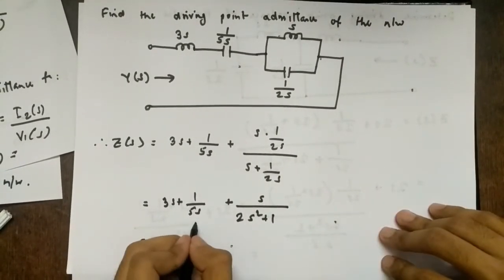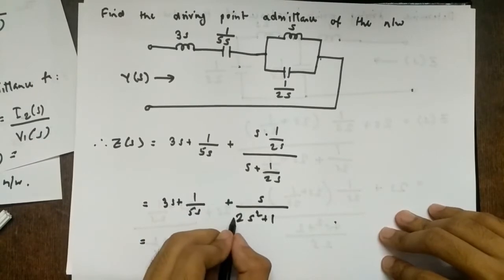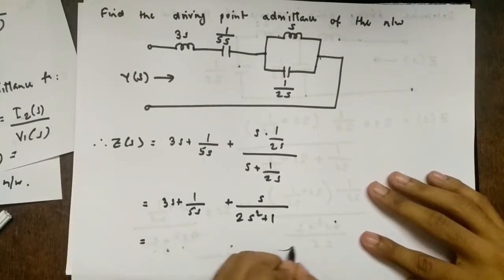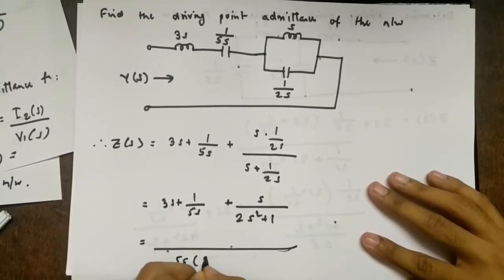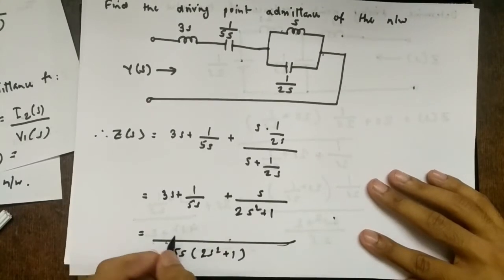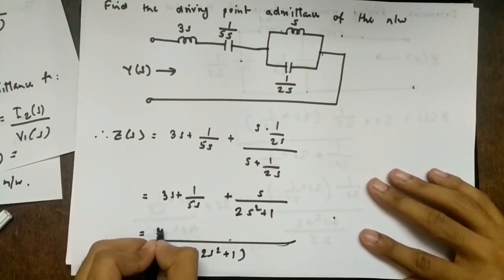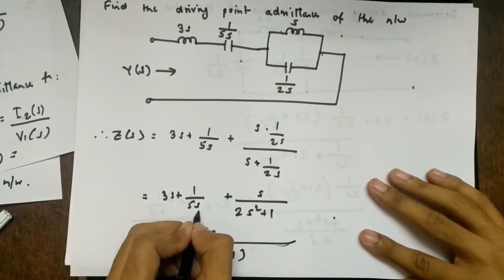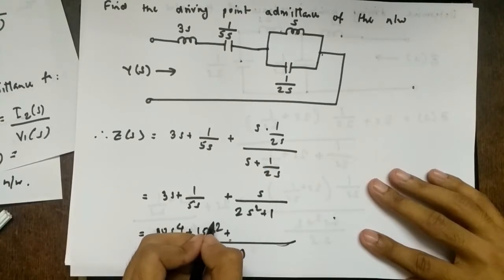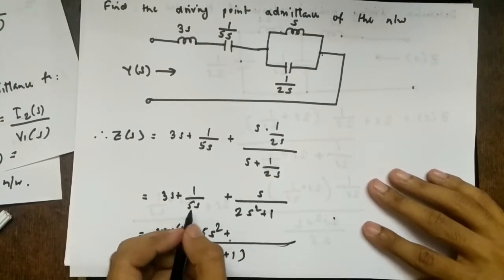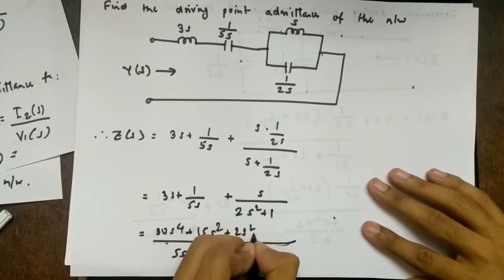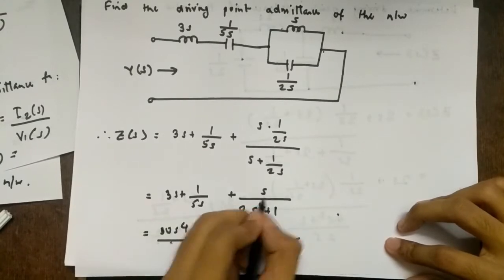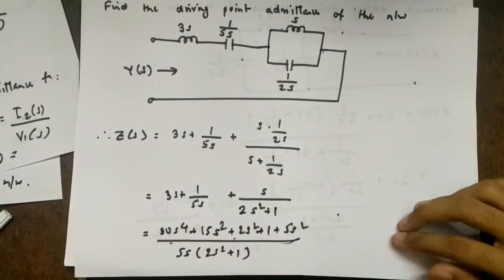So what is the LCM? 10S square, is it 10? Yeah, 5S into 2S square plus 1, right? So upon 5S into 2S square plus 1. So what will this be? 30S raised to 4 plus 15S square plus 2S square plus 1 plus the remaining 5S square, right?